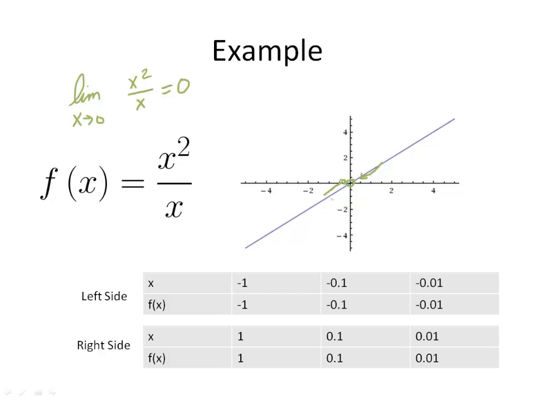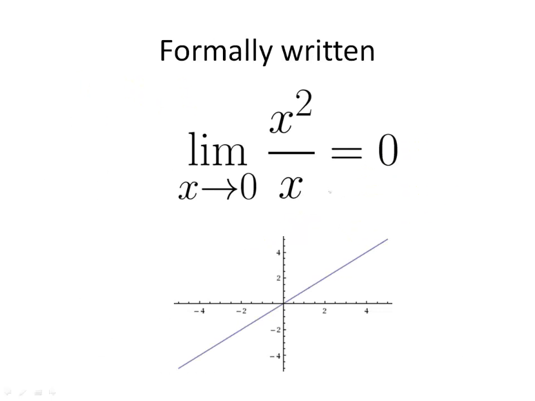So if you're following the function approaching the value towards 0, you see that it gets closer and closer to 0, and coming from the right side, it gets closer and closer to 0. And it's formally written like this, as I wrote earlier in the previous slide.